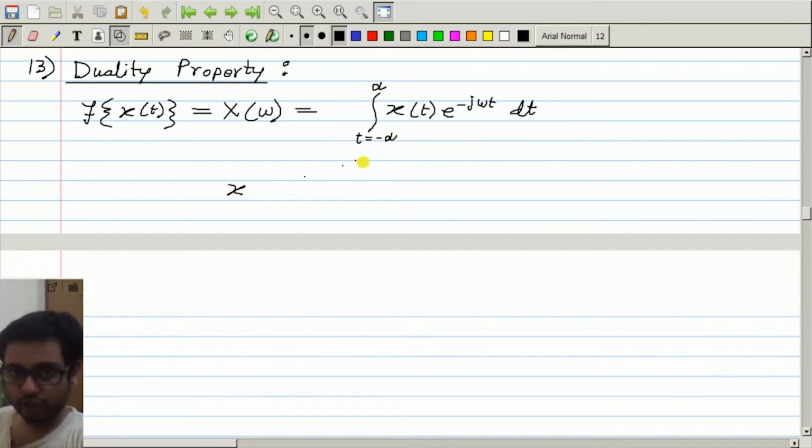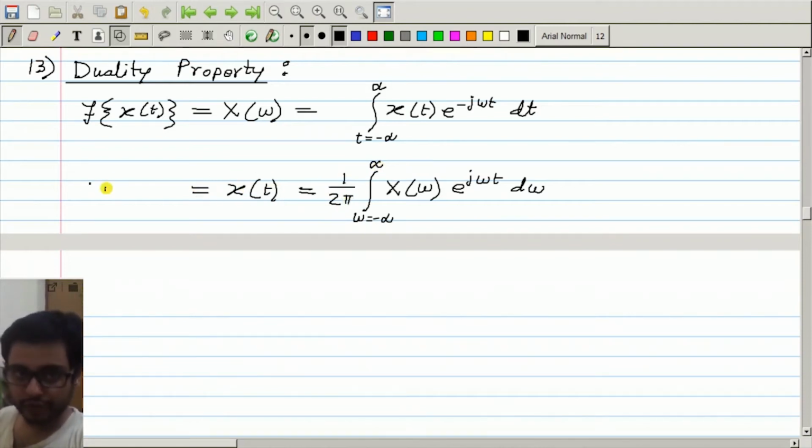And you can get back this small x t using the inverse formula, which is integration of capital X omega e to the power plus j omega t d omega, omega running from minus infinity to plus infinity, and here 1 over 2 pi. This is called the inverse Fourier transform, which we may write as F inverse X omega.